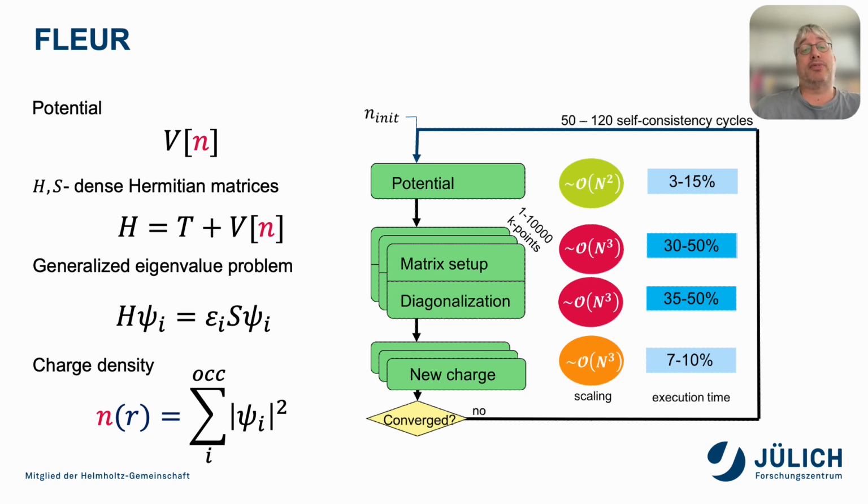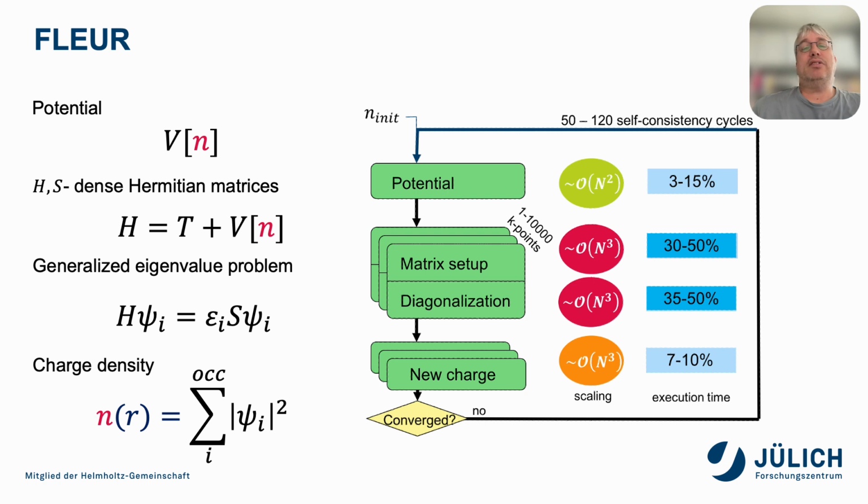So there's a setup of these matrices. These matrices then have to be diagonalized, and a new charge has to be constructed out of the eigenstates, right? So here you see several of these blocks, because this can be done for many k-points, right? The potential is the same for all k-points, but the matrix setup, the diagonalization, and also the charge generation in some sense can be done more or less independently for all these k-points.